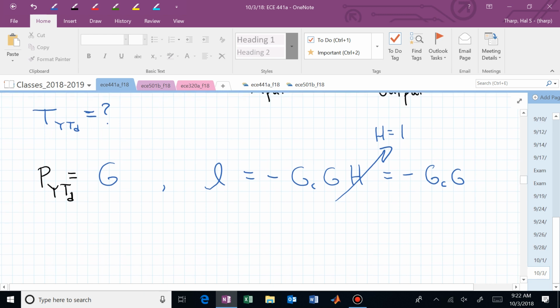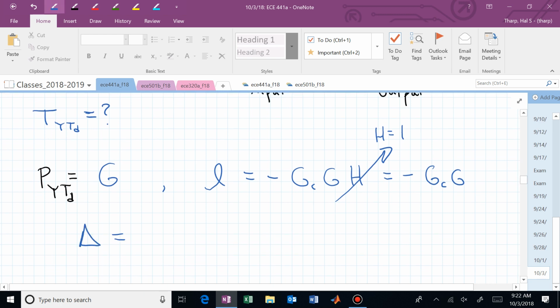Now, what's the determinant expression? Do I have to do all of these different products? Really? For this? How many loops do I have? One. So I don't even have a pair. I just have 1 minus L. I don't need to worry about pairs of products. I don't even have multiple loops.